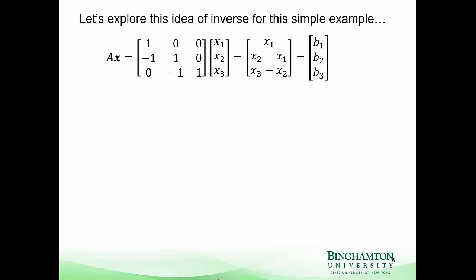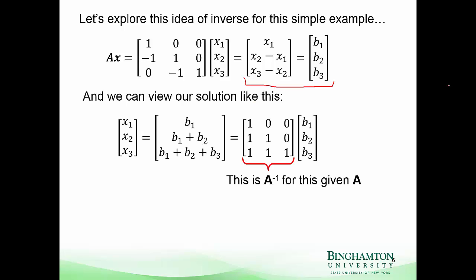So let's dive a little bit farther to see what the inverse matrix would look like for this simple example. Here's the equations that we had, and here's our solution that we deduced for this simple problem. If we look carefully at this, this is just combinations of the elements of b.